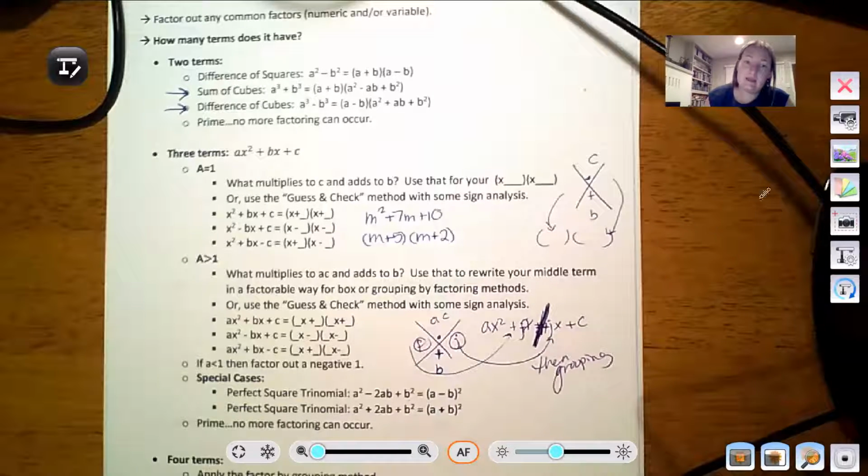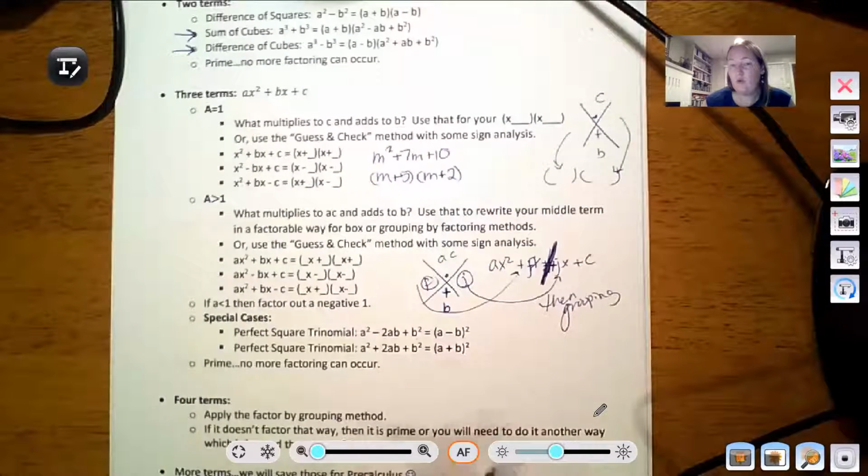If A is less than 1, then you factor out a negative and you can apply one of those rules. And then there's special cases which you can again do as though the A is 1 or not, depending on what your leading coefficient is. But this is a quick thing if you recognize that it is a perfect square, that you can factor it in a quicker way.